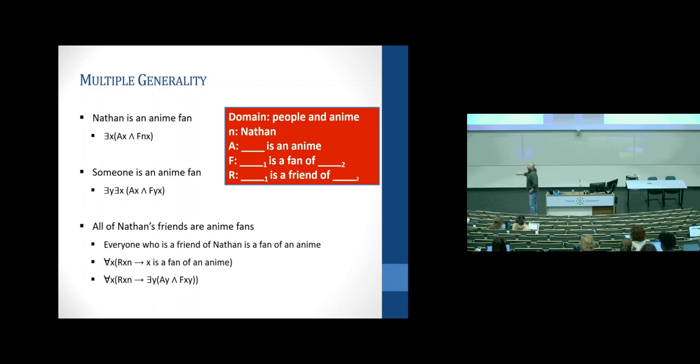Then we would have this: whatever is an animated name. That would be fine. But if we have the variable there, it has to be attached to a quantifier. If it's not, we don't have a sentence yet. What we're going to talk about right at the end of the lecture.